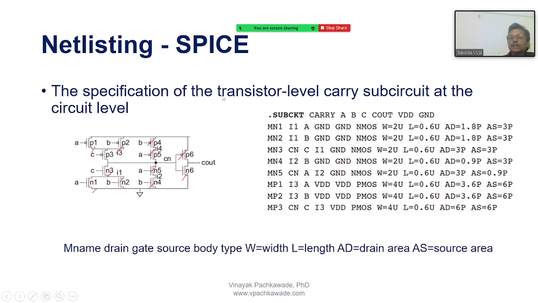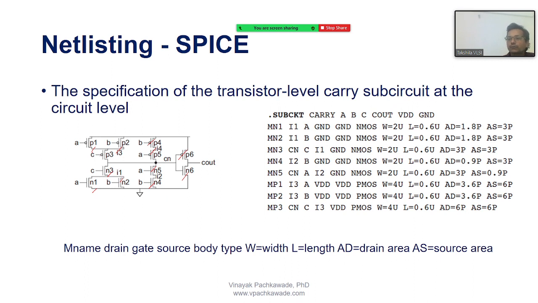So the specification at the transistor level circuit, for example given here, can be described like this. First of all, they say that this is a blank box, which they call a sub circuit. Okay, this is a sub circuit. Why? Because this is a small part of a big circuit.